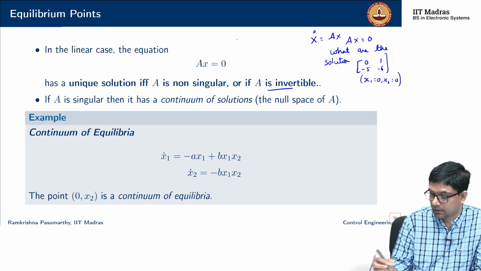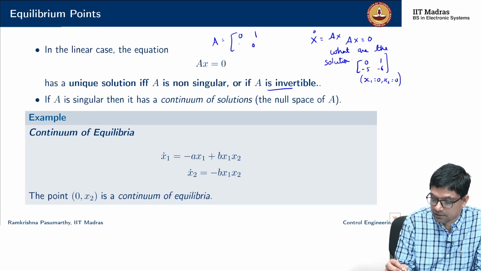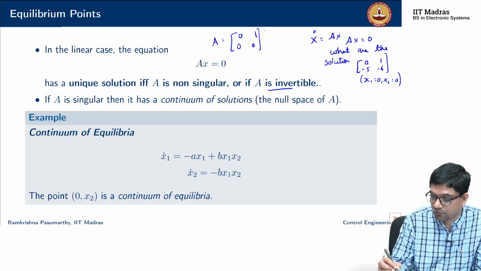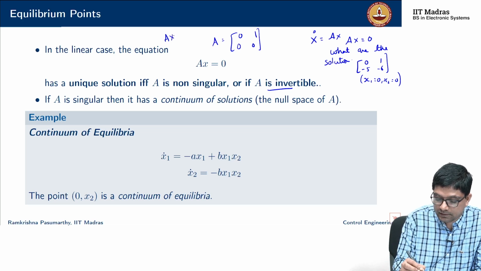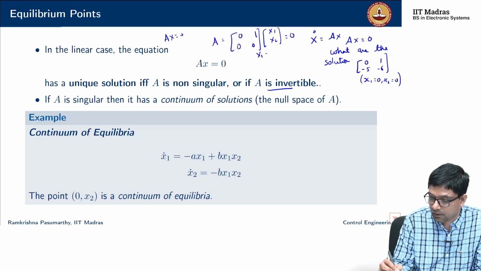Suppose I have another A, which looks like 0, 1, 0, 0. Now, if I look for the solutions of the form Ax equal to 0, solving this will give me x2 equal to 0 and any x1.